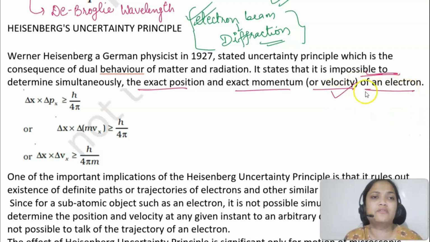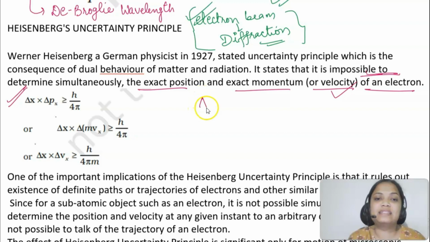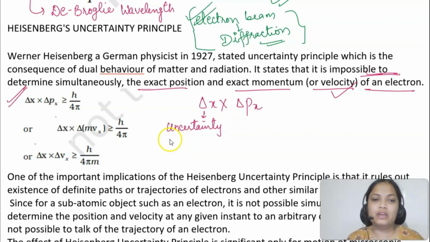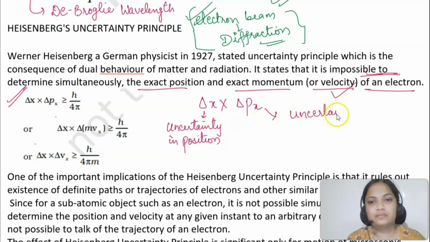This can be explained mathematically as delta x into delta px, where delta x is the uncertainty in position, delta represents uncertainty, meaning error, and delta px is the uncertainty in momentum.